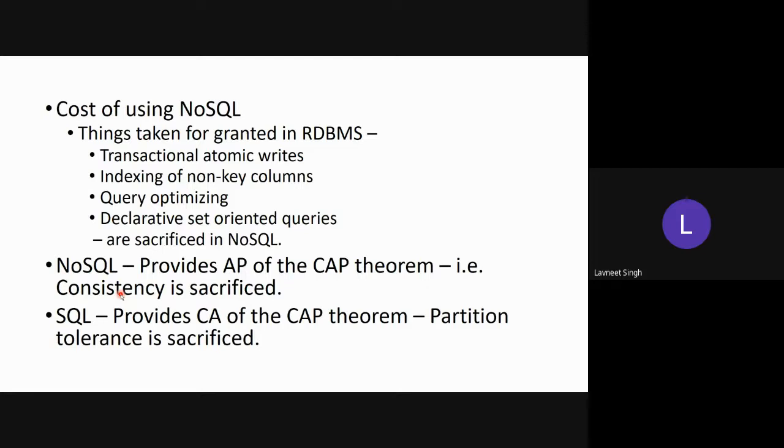So that is the most important thing to understand. Consistency that we assume will be there in an RDBMS system is sacrificed in NoSQL. So keep that in mind, because this leads to a lot of different concepts that are applicable in NoSQL, and this should disrupt your thinking of applying your knowledge from RDBMS to NoSQL directly.